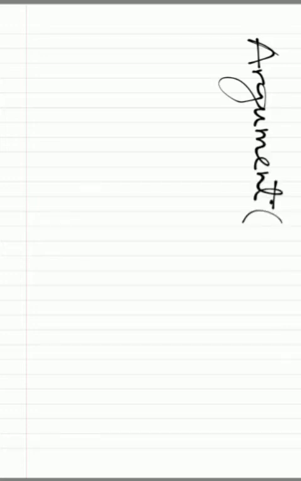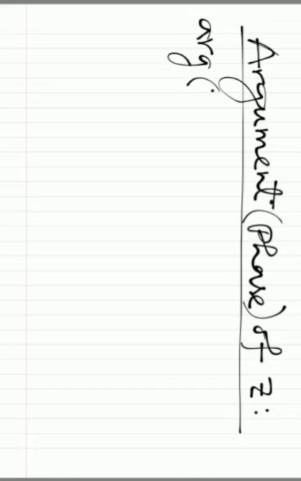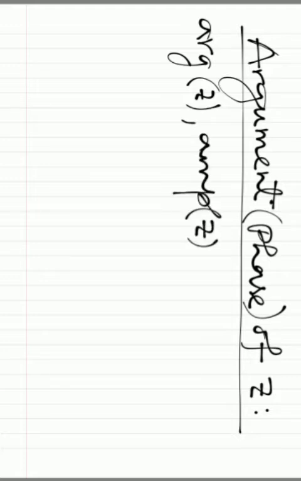This also can be called the phase of a complex number. For some complex number z, the term is denoted by arg z, or sometimes it's also called the amplitude. So in short we write it as amp z.